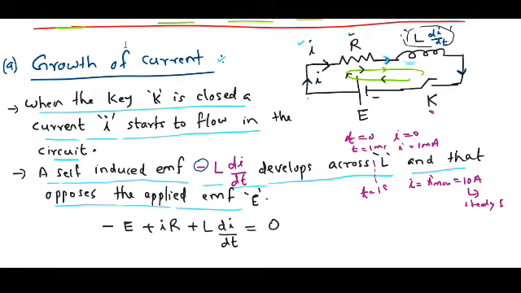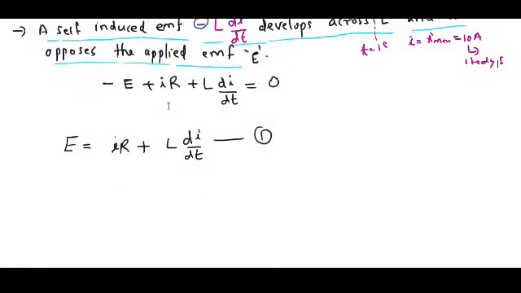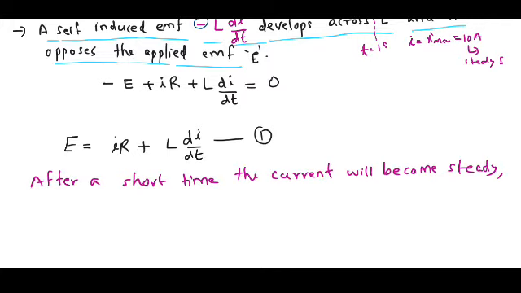I can write here, after a short time, the current will become steady. That is, a steady current means our I will become I0. I represent the steady current as I0. If the current is steady, there will not be any increase or decrease of the current.